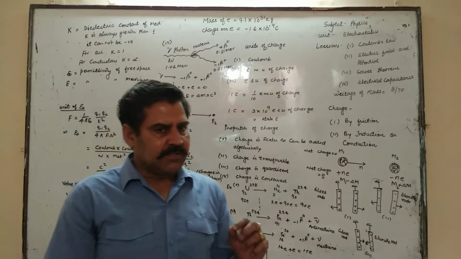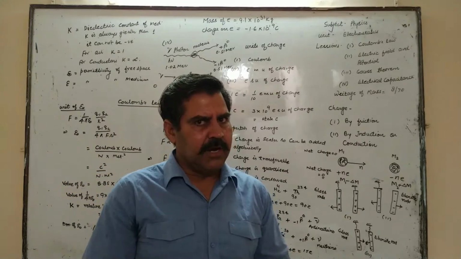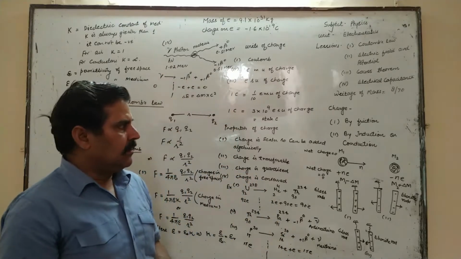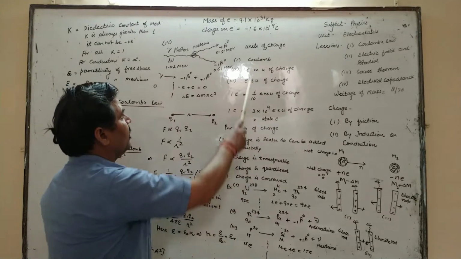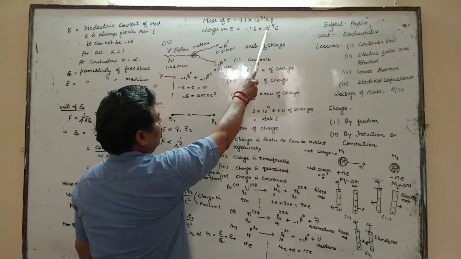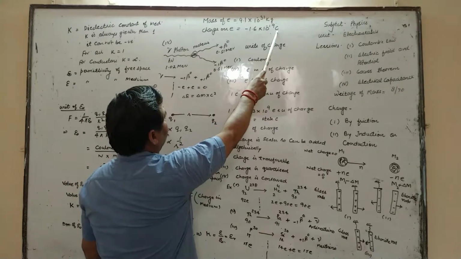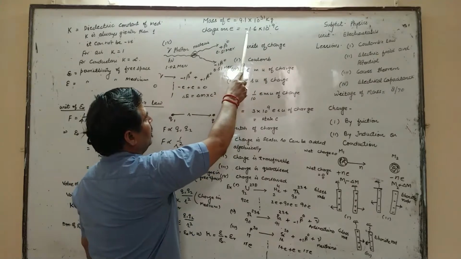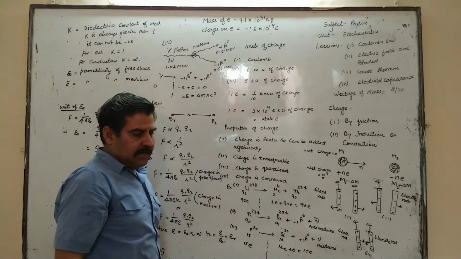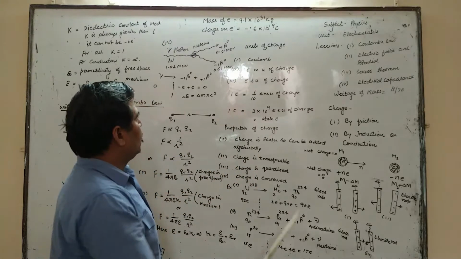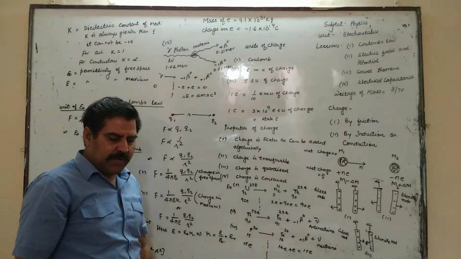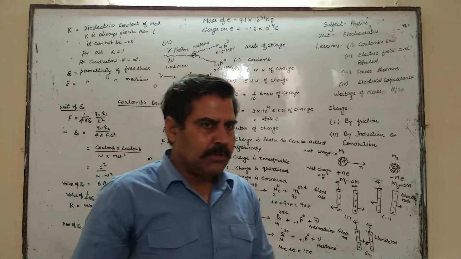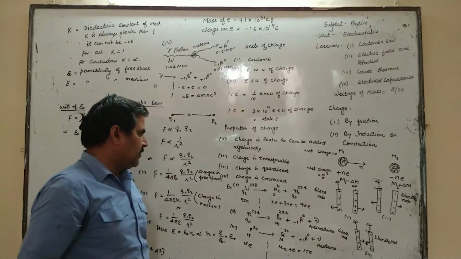It means charge is possible in the multiples of e. Therefore, it is called quantized. Small e means 1.6 into 10 to the power minus 19 coulomb. Charge on electron is negative and charge on proton is positive but have the same value.